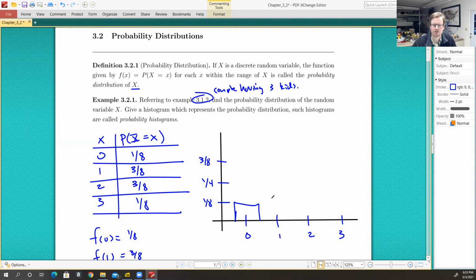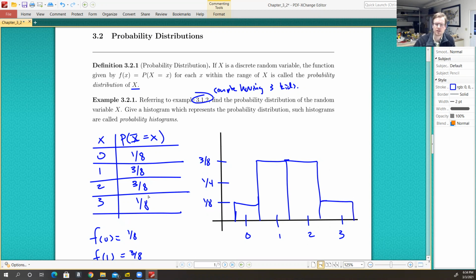All right, and then for 1, the probability that the random variable takes on the value 1 is 3/8. And then the probability that the random variable takes on the value 2 is also 3/8. And then finally, the probability that the random variable takes on the value 3 is 1/8.